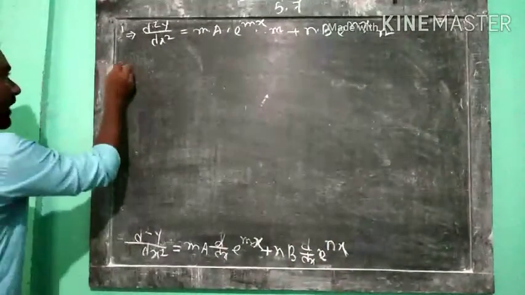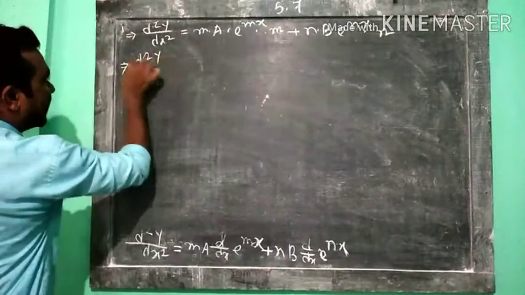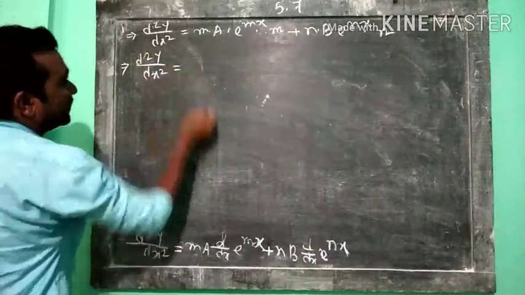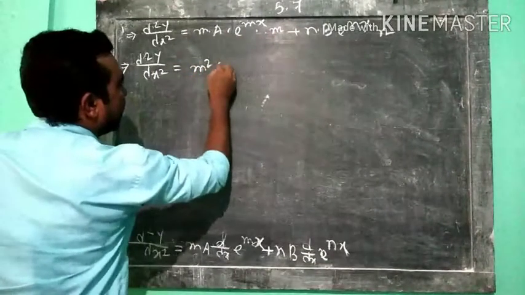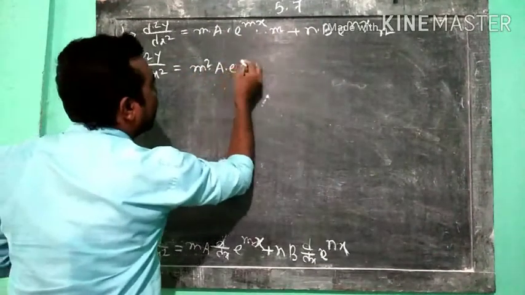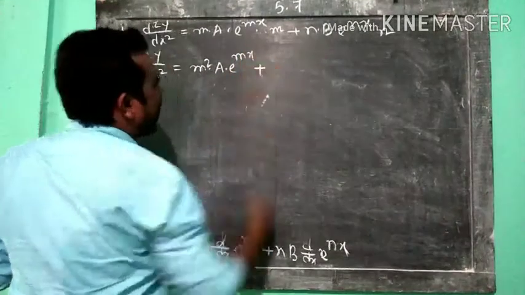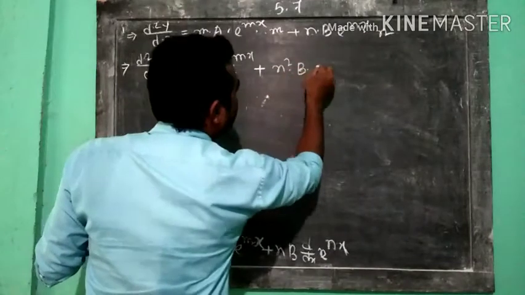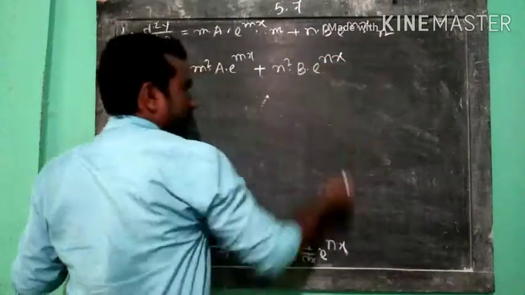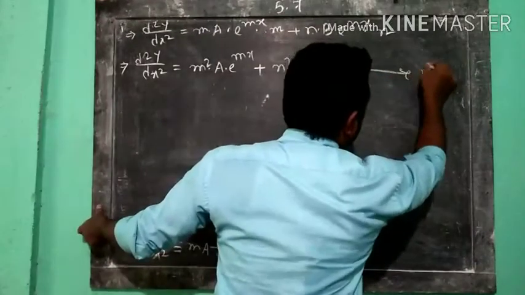So finally we have d2y/dx2 equal to m square a into e to the power mx plus n square b into e to the power nx. This is equation number 3.